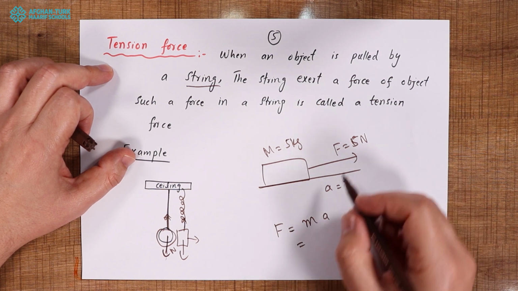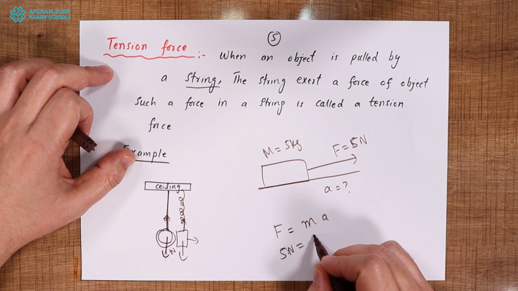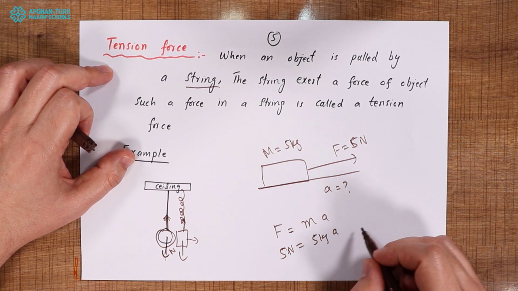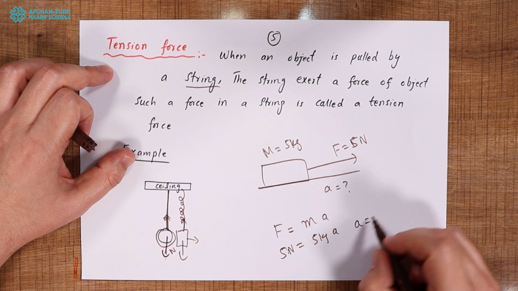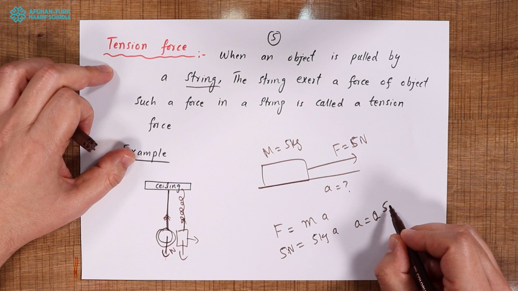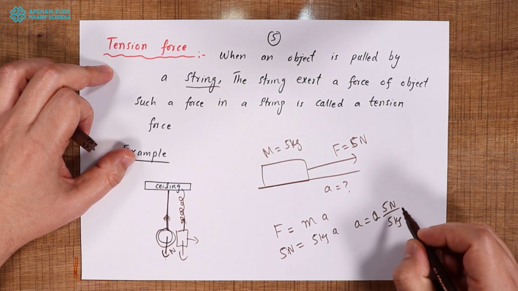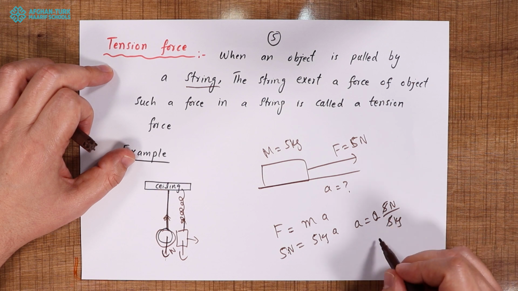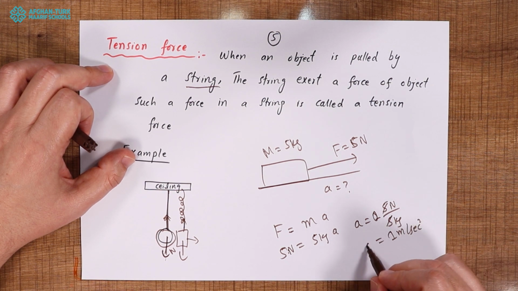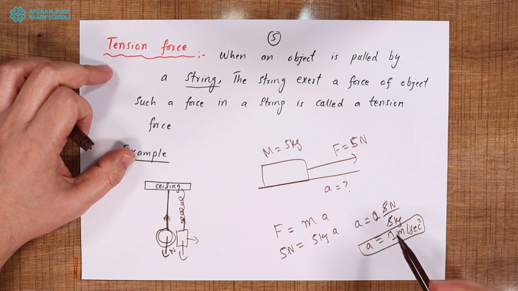So force is 5 Newton and mass is 5, but acceleration is unknown. So acceleration equals 5 Newton over 5 kilogram. 5 divided by 5 is equal to 1 meter per second square. So this is also one of the examples.